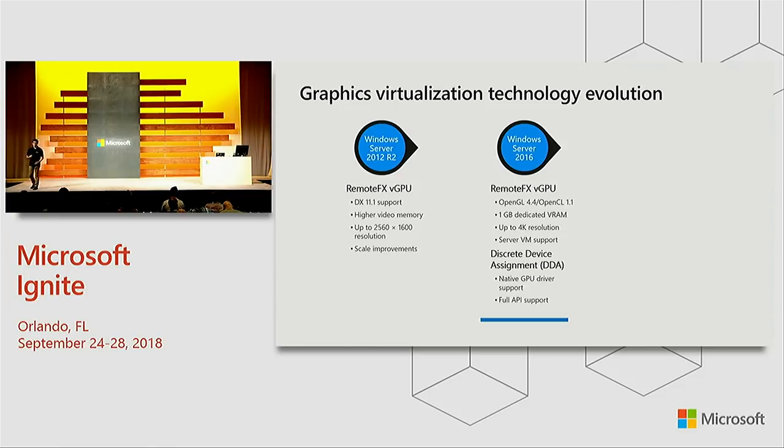So we iterated on the RemoteFX vGPU, but we also introduced discrete device assignment. Discrete device assignment means that whatever host you have, you can pass through a card to the guest OS. It sees it as native, it uses it as native, so you get the full API support, and you get whatever you would really expect out of using that graphics card.